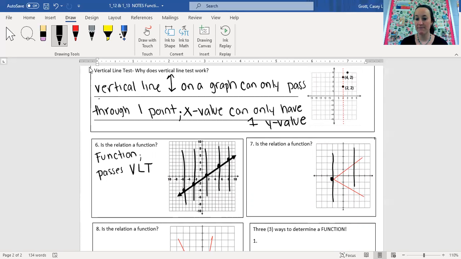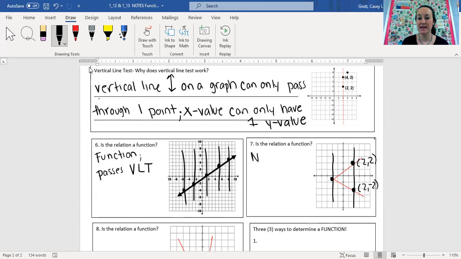If I draw a vertical line here, I cross here and I cross here. This is telling me that when x is 2, y is 2, and when x is 2, y is -2. That's not acceptable. Okay, x can't have two different y values.